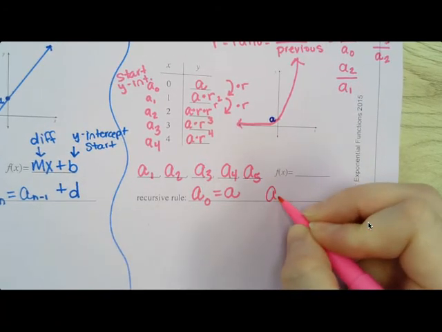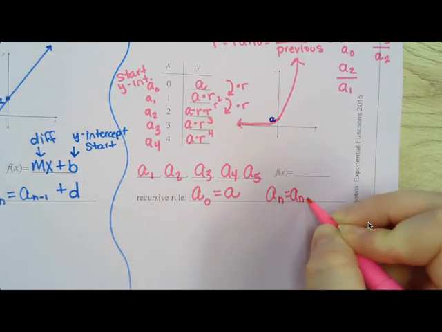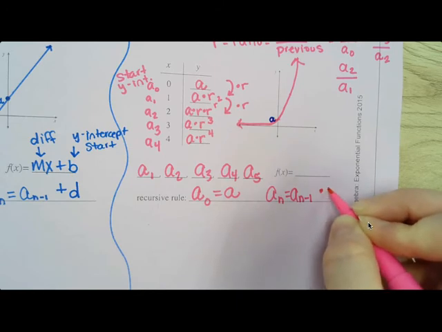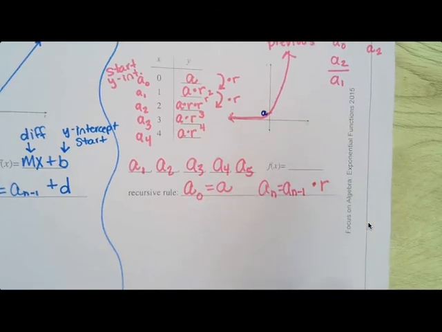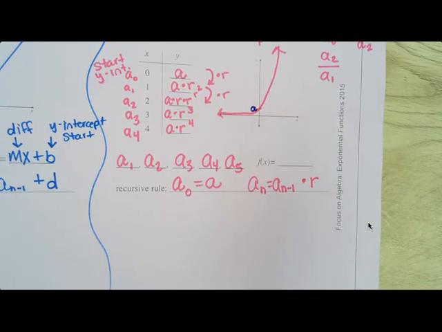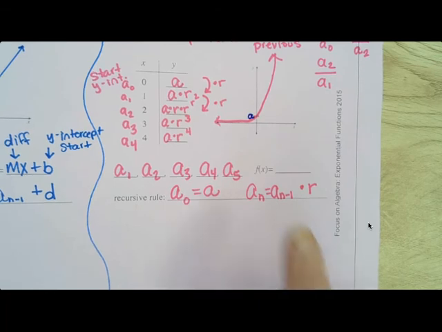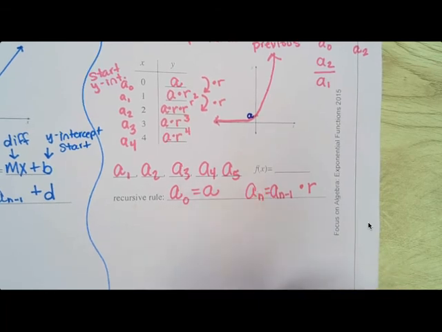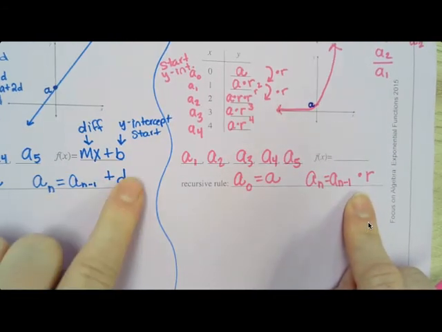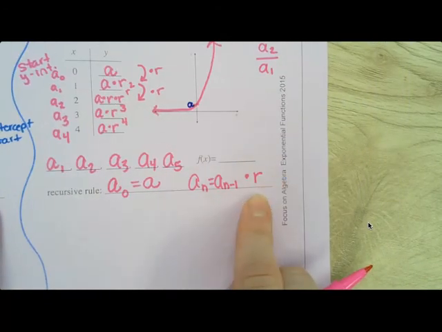And then A sub n equals A sub n minus 1 times the rate, whatever the rate is. So these are the same. The only thing I changed is linear is plus D, exponential is times the rate.